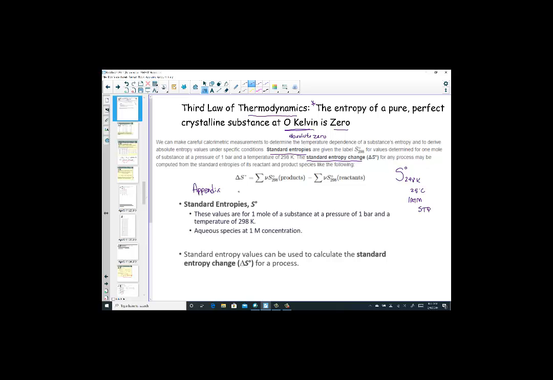Just like we had in our last chapter, calculating the enthalpy of a reaction, of the system, if you will, we took the sum of the enthalpy of reaction of products minus reactants. Do you see how these standard states are used in the same way for entropy here?